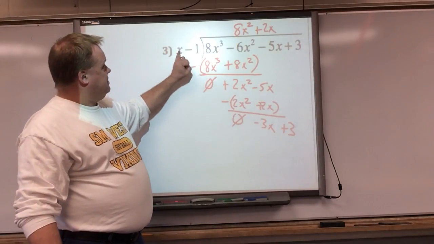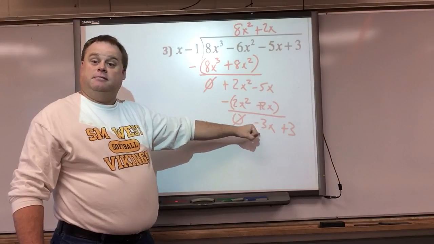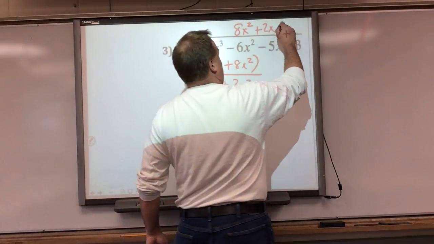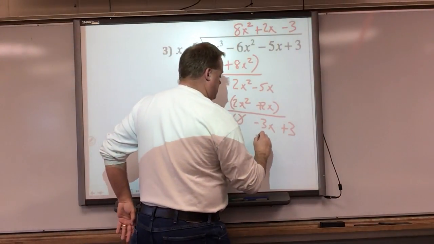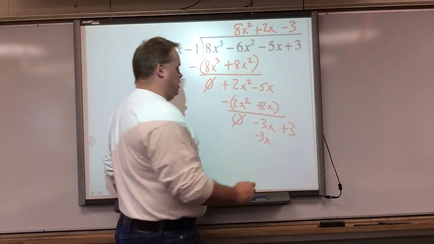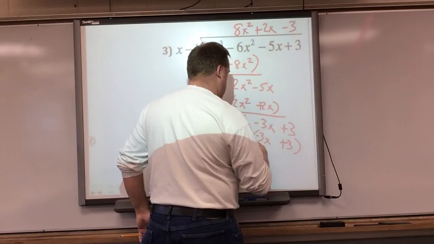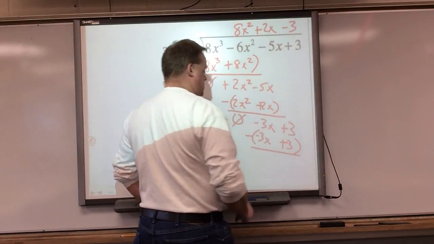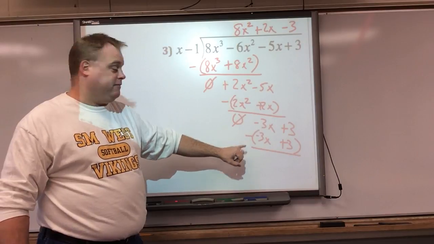What do I have to multiply this x by to get to negative 3x? Negative 3. Go ahead and write it. Negative 3 times x, negative 3x. Negative 3 times negative 1, positive 3. Make sure we put them inside parentheses, with the minus sign out front.